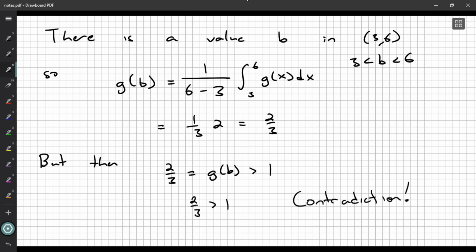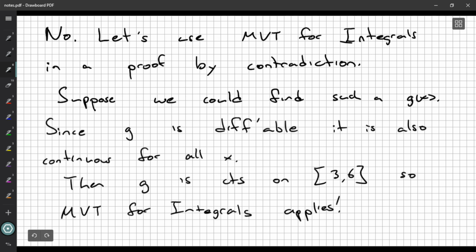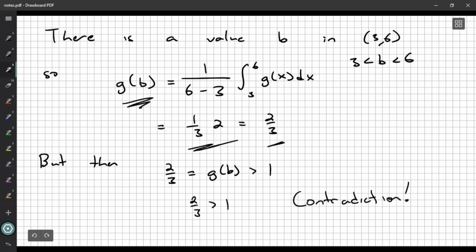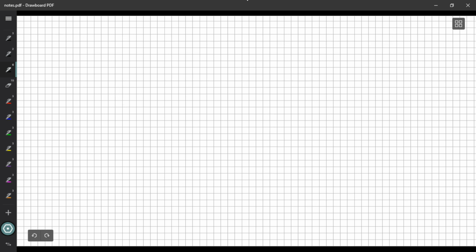Now, all of our work was fine. We applied the mean value theorem for integrals correctly. We got the conclusion. All our calculations in here were fine. The only thing that was not built on solid logic was our assumption. Suppose we could find such a g of x. So if we've reached an impossible conclusion, a falsehood, it must have been because we started with a falsehood.